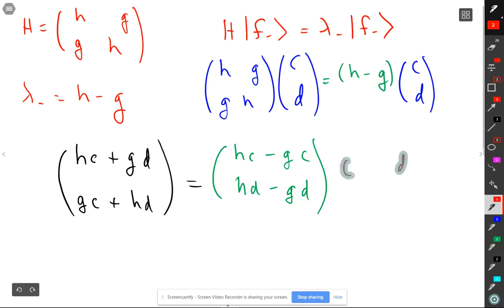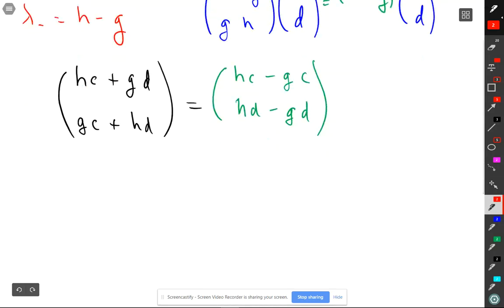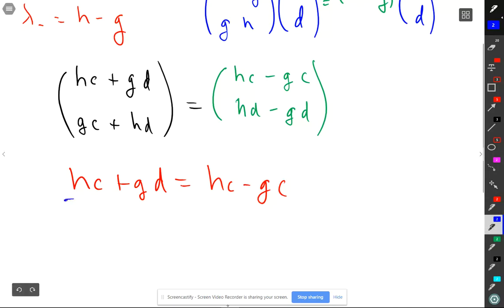So since the equations are equivalent, I'm only going to write out one: HC plus GD equals HC minus GC. Once again, Chad led us through before. We can just subtract the HCs from both sides.